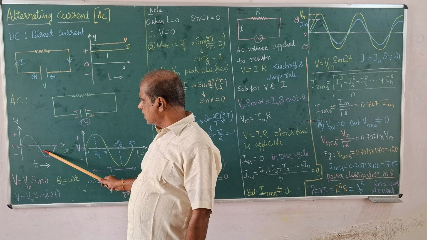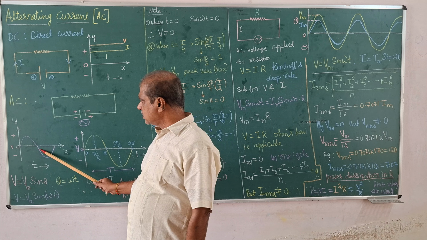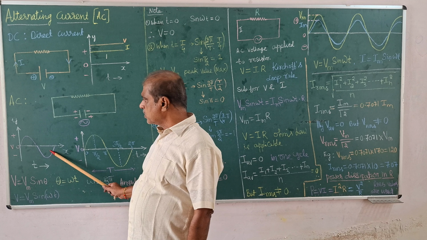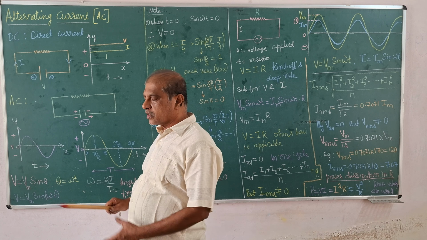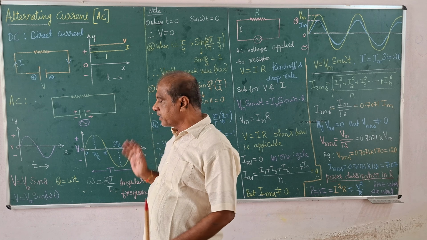This shows voltage in one direction and voltage in the other direction. Voltage changes at regular intervals, very important. At regular intervals the voltage direction changes from one direction to the other. Direction changes as well as magnitude.